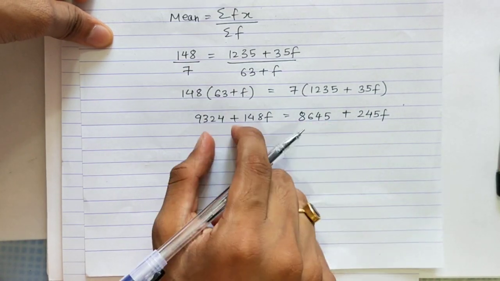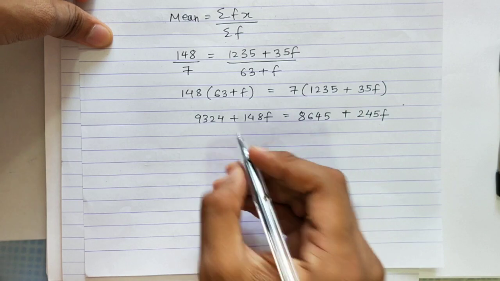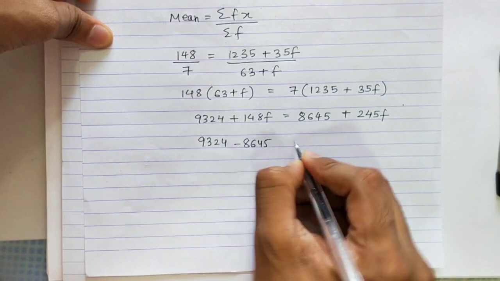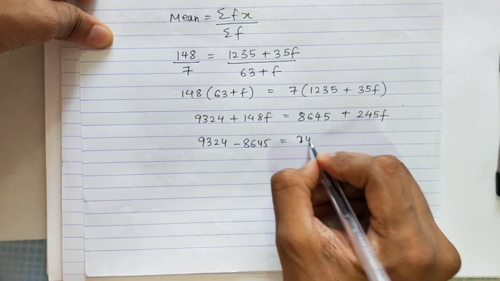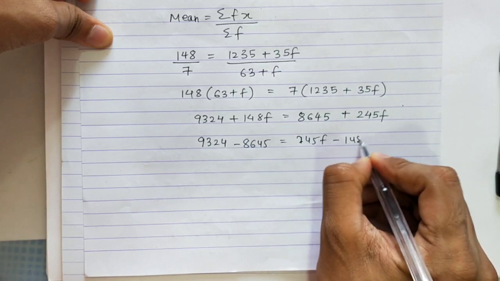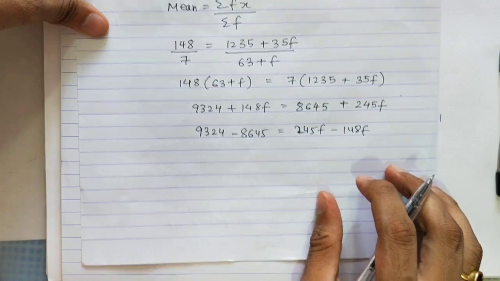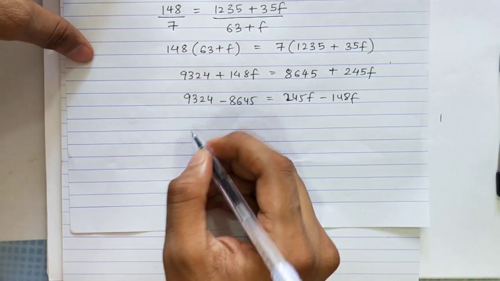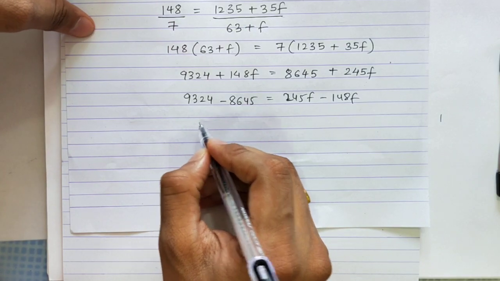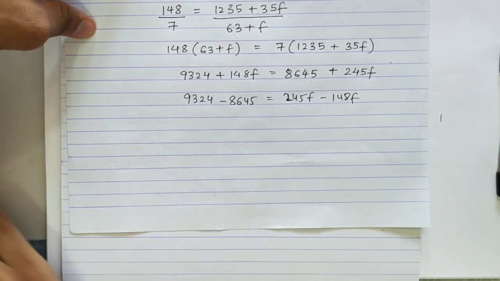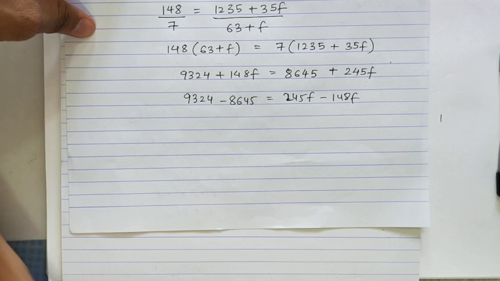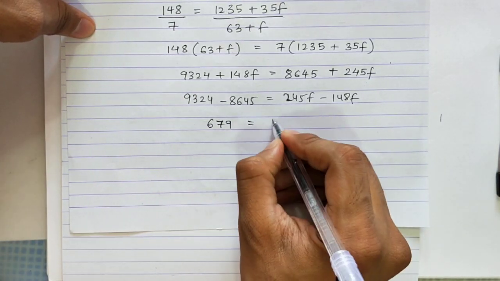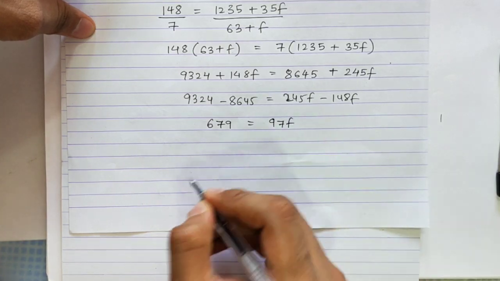Now I'll shift this 8645 here and this 148f here. So 9324 minus 8645 is equal to 245f minus 148f. Let's subtract this. I'll get 679 and here I will get 97f.